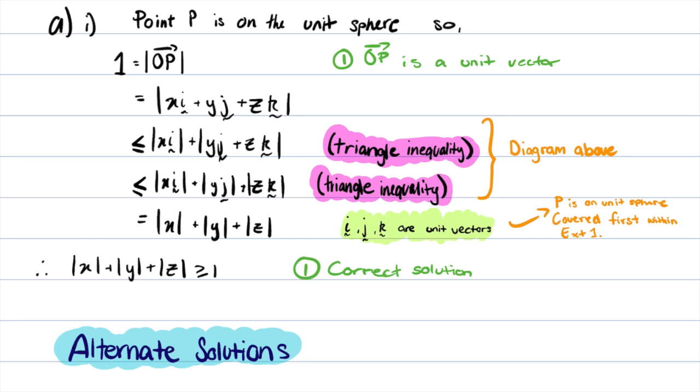And then as i, j, and k are unit vectors, which is covered first in the Extension 1 course of vectors, we know that this statement is equal to the magnitude of x plus the magnitude of y plus the magnitude of z. And therefore, concluding, we can say that the magnitude of x plus the magnitude of y plus the magnitude of z is greater than or equal to 1, where we gain a second mark for completing the solution.